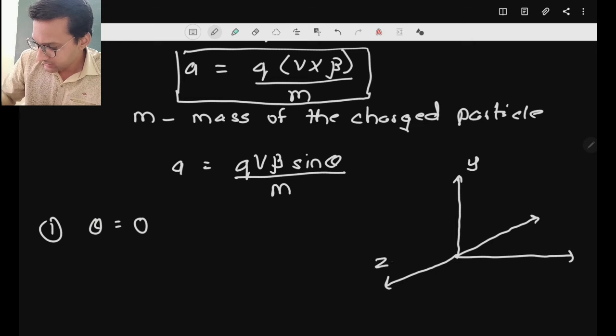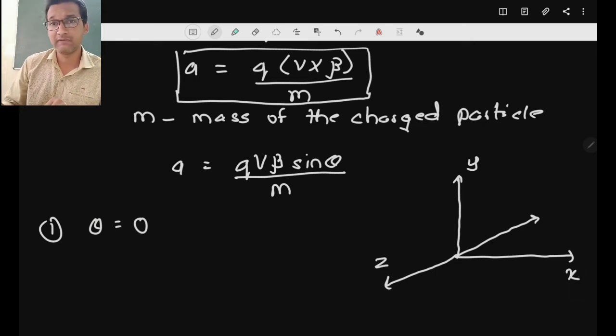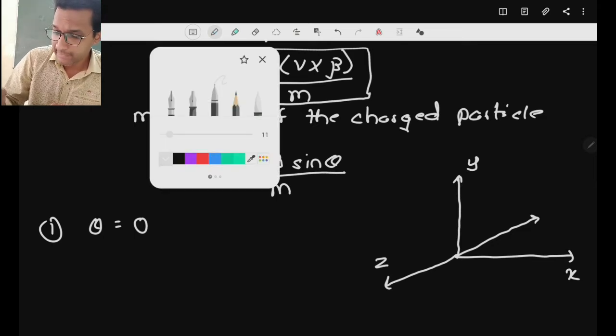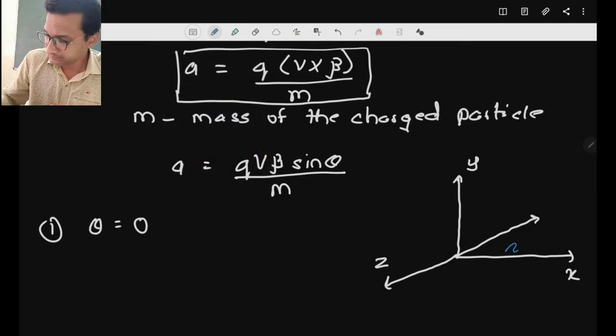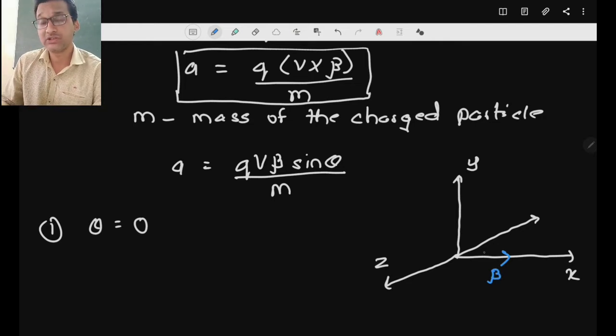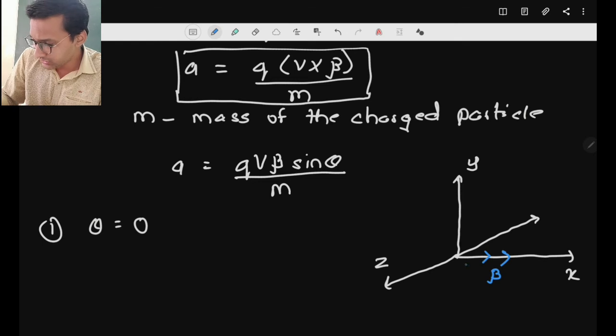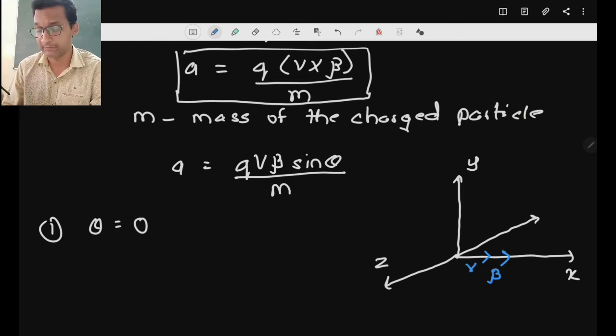This is y, this is z, and this is x axis. Let us take the magnetic field along the x axis. This is the magnetic field, and if theta is 0, that means the velocity is also in the same direction as that of magnetic field.